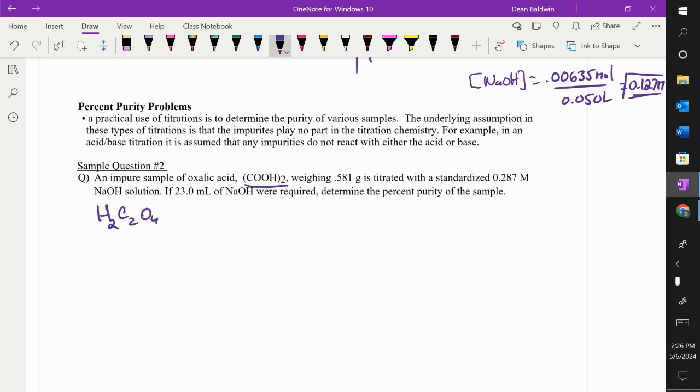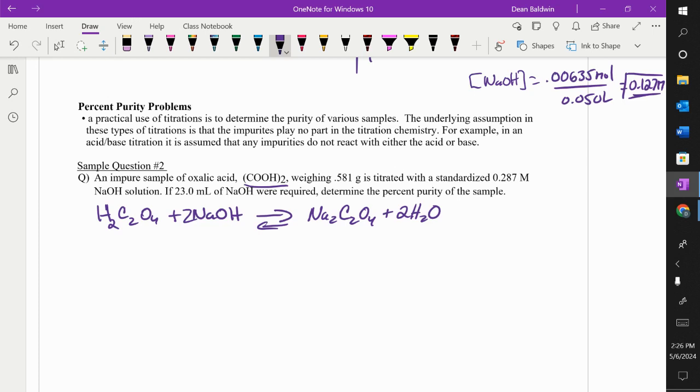H2C2O4. There's the balanced equation. So it's going to be the same, all right?